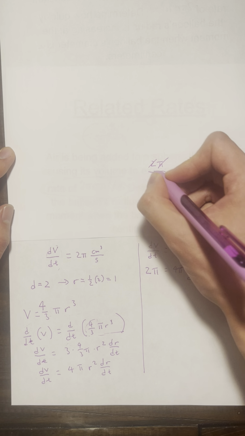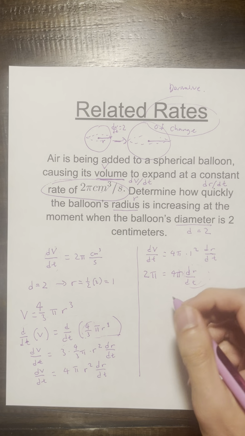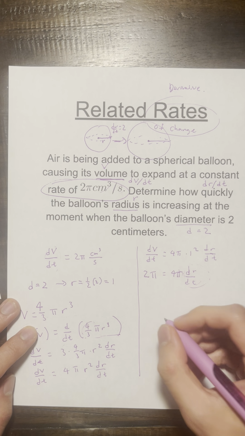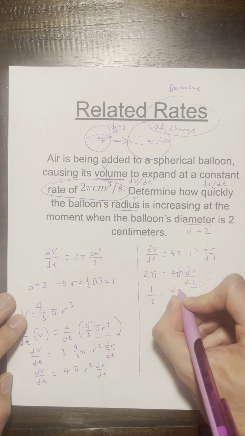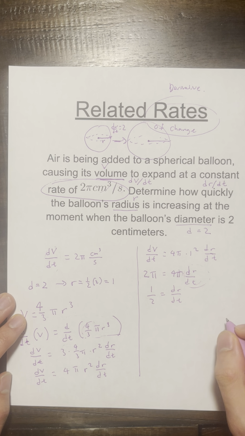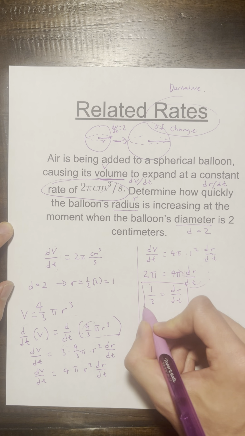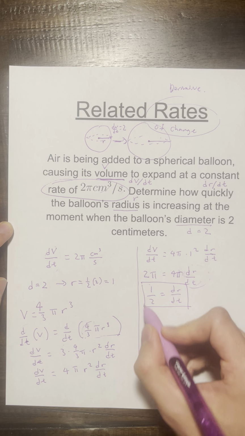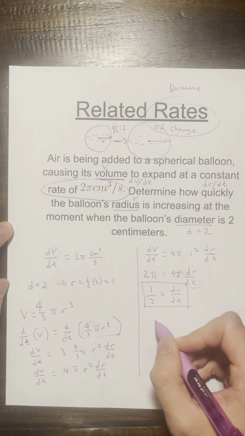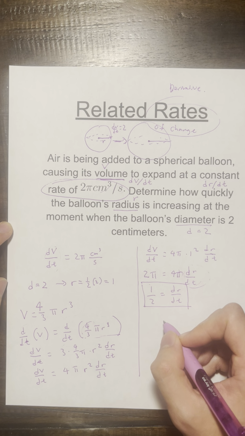So 1/2 is equal to dr/dt. Now, you also need to include units here, because this is a word problem. So that's step 4.